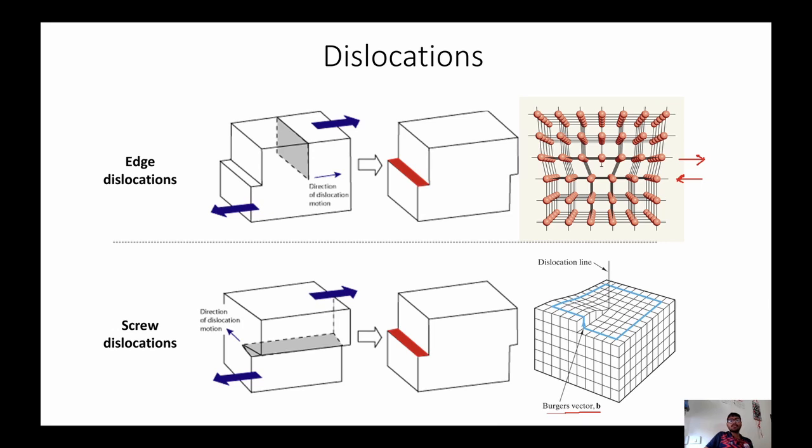Now come the dislocations, edge dislocation and screw dislocation. These are 1D defects. As you can see, in this case the atoms in this line are bonded to only three other atoms, and there is a missing point.